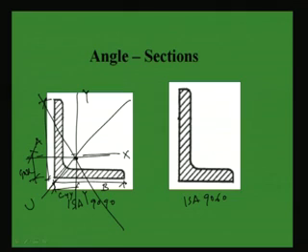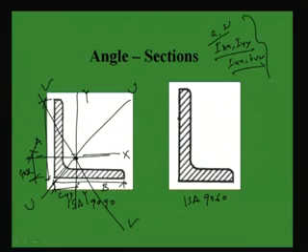So this is UU and this is VV, right. So here you will get IXX, IYY, not only this, then IUU, IVV. So all the properties, and then area, weight, all these things you will get. So all this required property can be found, right.